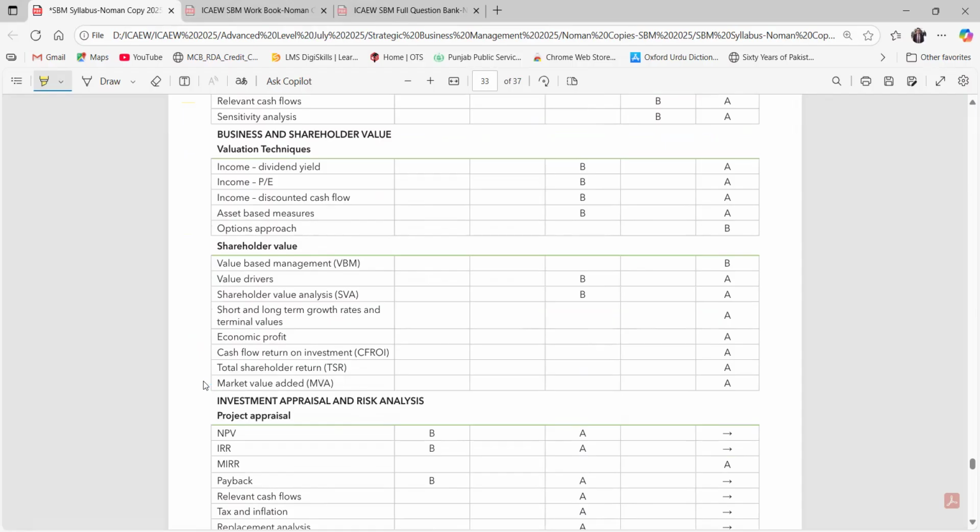Now talking about another major area, that is basically business and shareholder value. So from here, we are talking about the finance section, starting with the very first area, that is basically valuation techniques. So these techniques, these areas, these topics talk about business valuation.